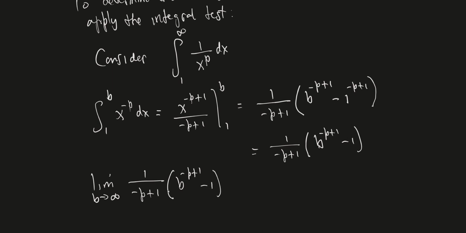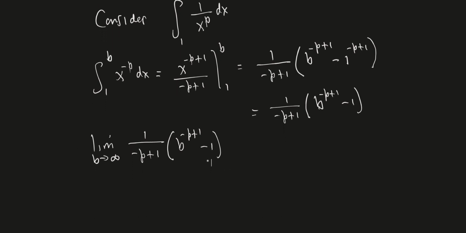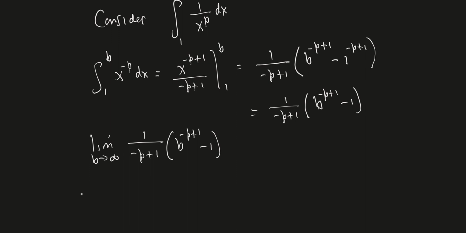Now, this factor here does not involve b, so we treat it like a constant. We can pull that further out. In fact, let's do that, just to simplify what we're really looking at. So we'll have our constant in front of our limit now, and we're taking the limit as b goes to infinity.